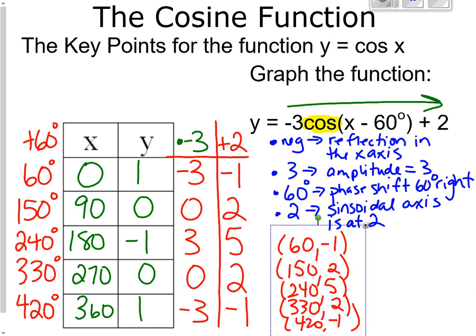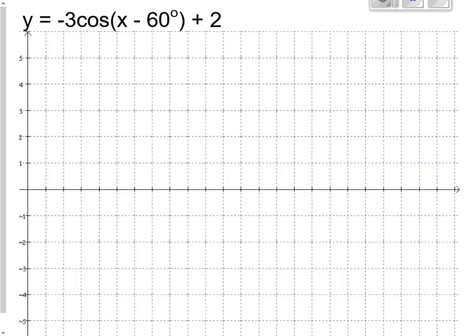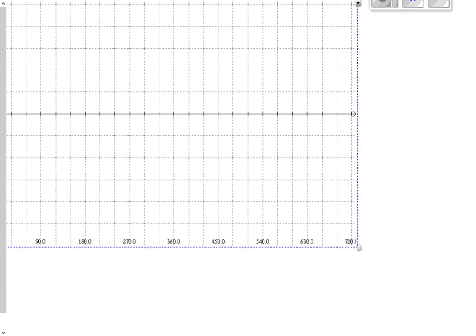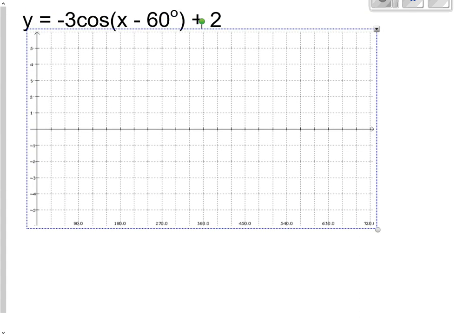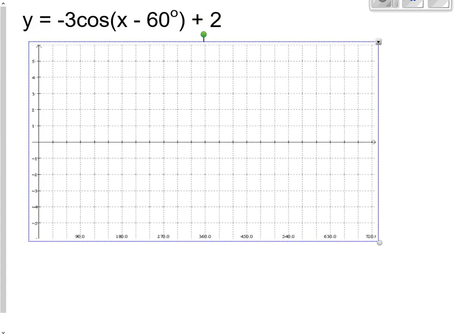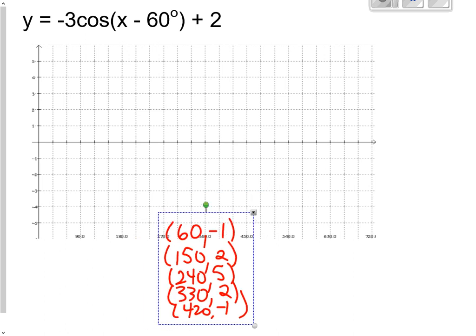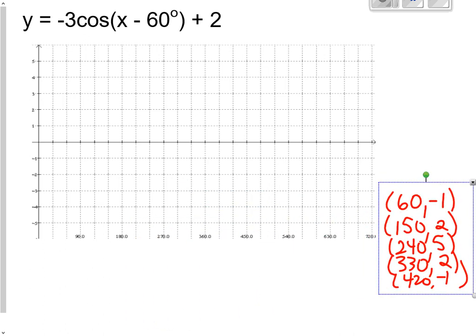Let me just copy these, and we'll bring them over to a graph I have. Okay, the graph's a little big, so let me shrink it up a little bit so that we can see it here. And paste. So here are my points, I'm just going to put them off to the side. Let's take a look at what this graph should look like.